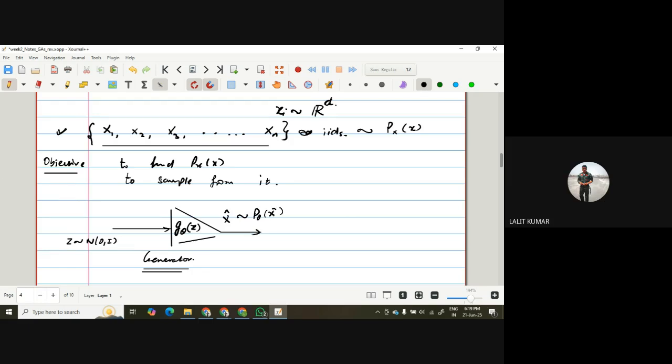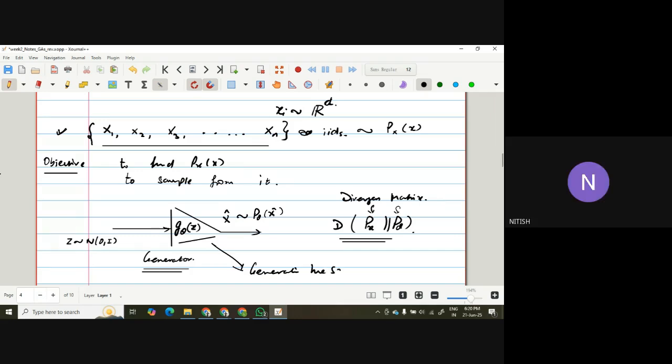And then we said that there is a divergence metric, which we denote by D(px, p theta). Now we have to minimize this so that p theta starts resembling px, then only we can use this g theta to generate samples which will look like they are coming from px of x.